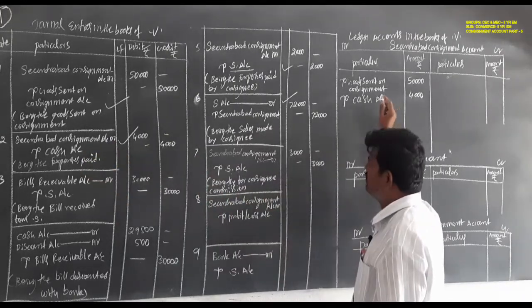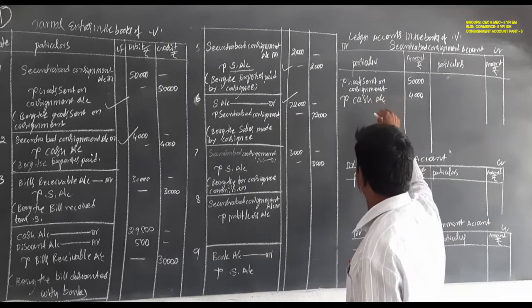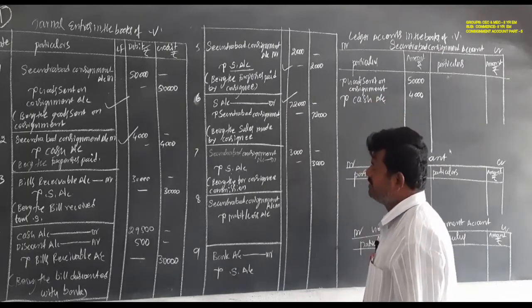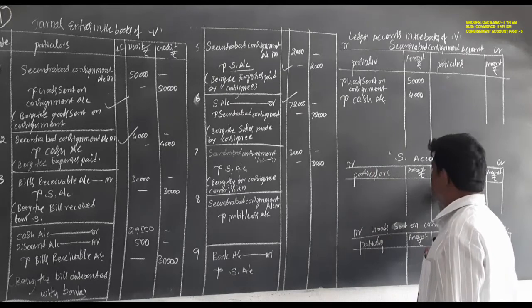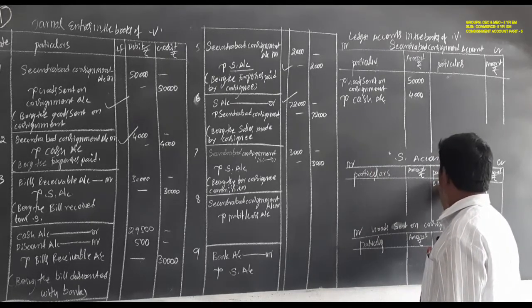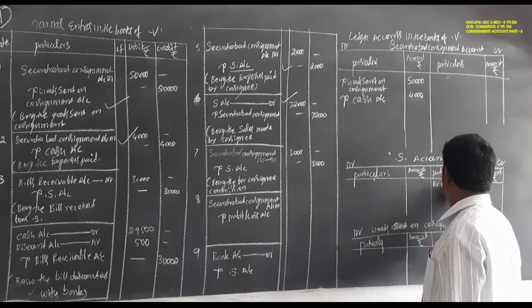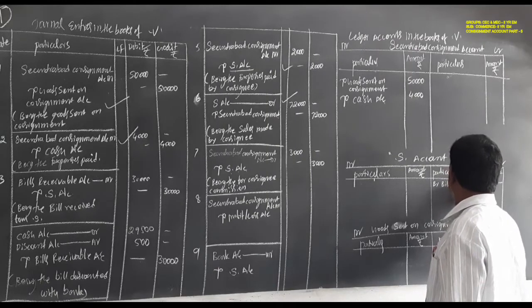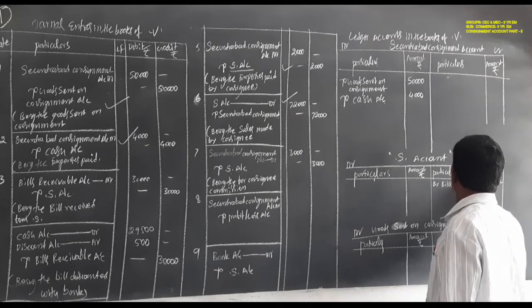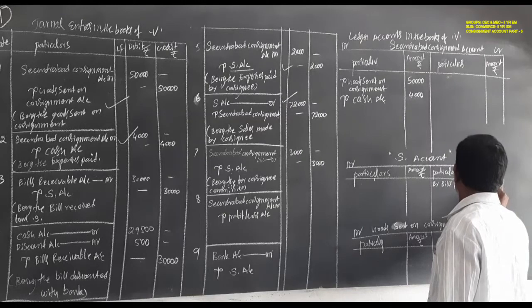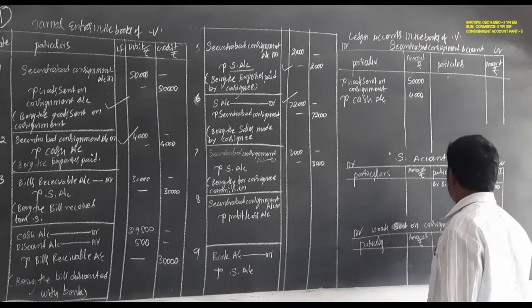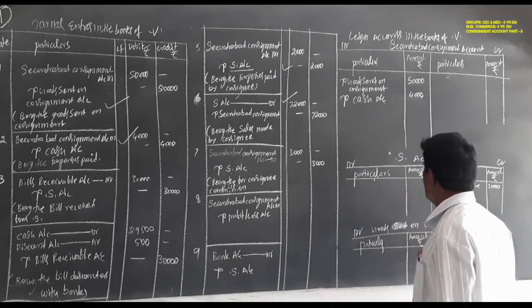So this is the cash account for consignor expenses. Next, advance by bills receivable, amount is 30,000 rupees. So this is the advance.